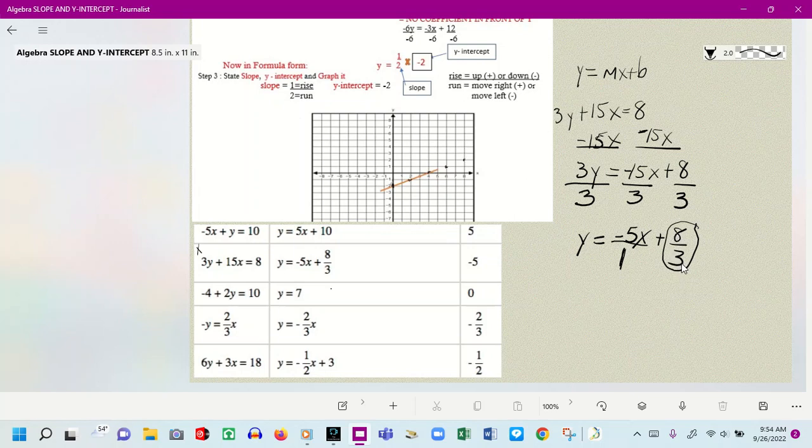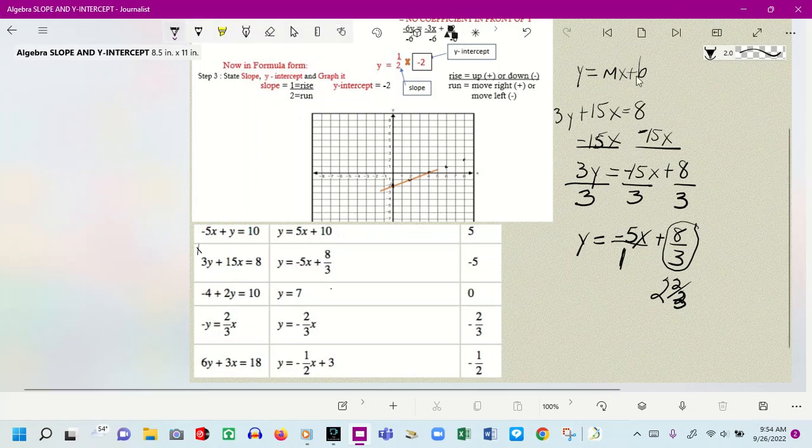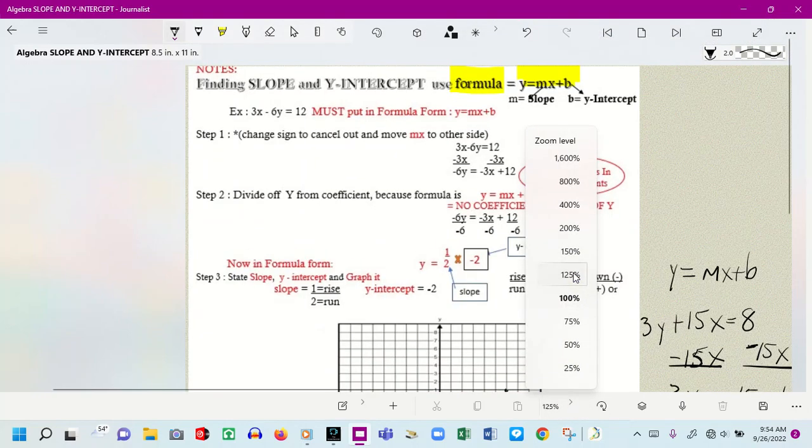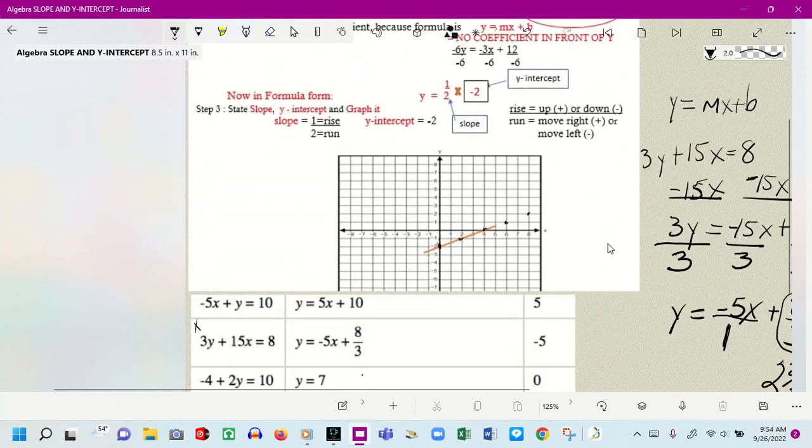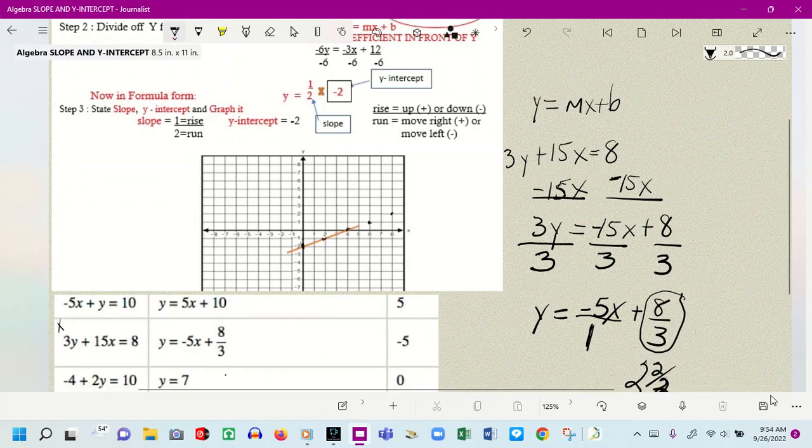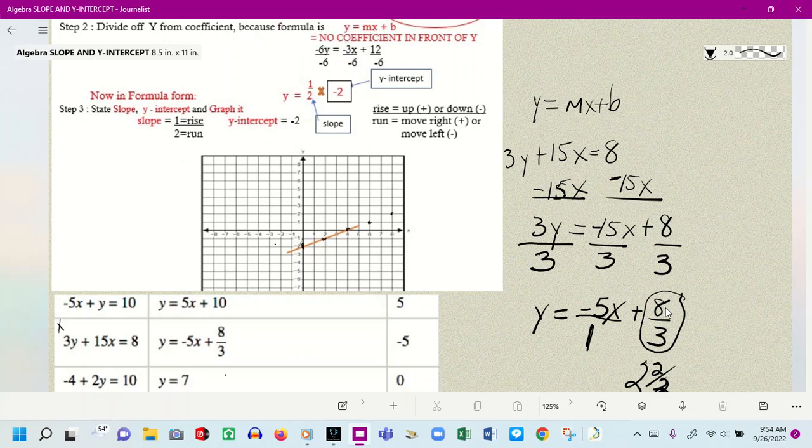8/3 is the same as 3 going into 8 two times with 2 left over. So 8/3 is the same as 2 and 2/3. Now let's make this larger so we can see our plot here. Okay, there you go. Now our equation, our line, has an intercept of positive 8/3, which is a positive 2 and 2/3.